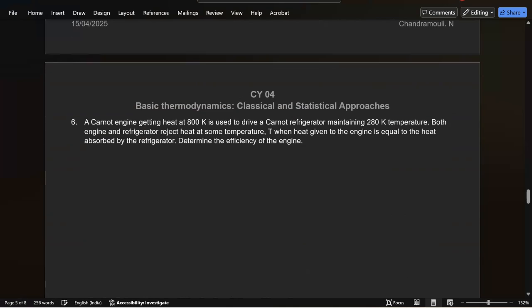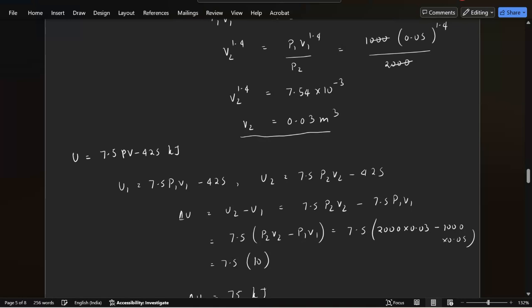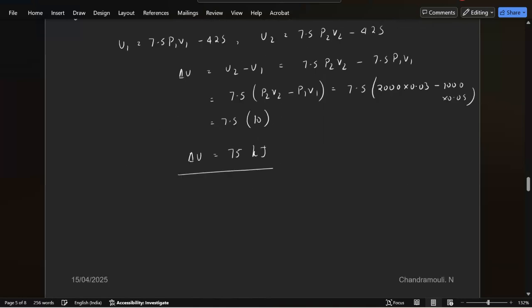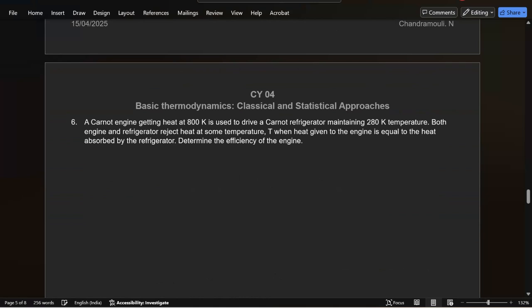Any doubts here? No, sir. Okay. Then we have this Carnot engine. As you can see here, we have a Carnot engine. This is the engine.